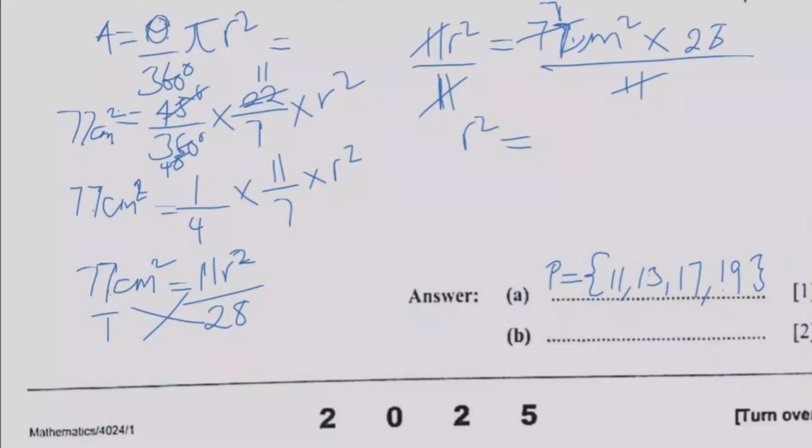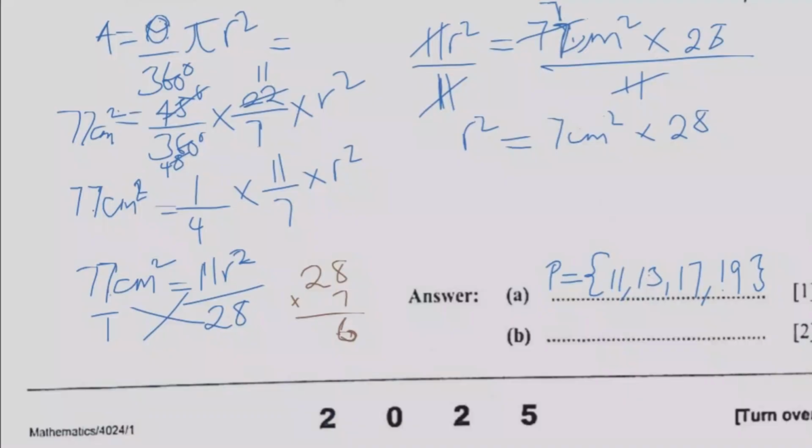Then we remain with 7 centimeter squared times 28. So we can find the product of 7 times 28. I'm going to use the smaller space here, where I write 28 times 7, multiplying using brown ink. 7 times 8 gives me 56, so I write 6 and carry 5.